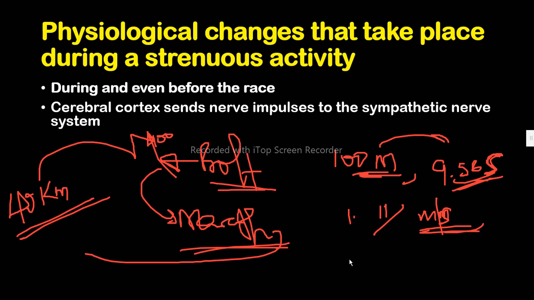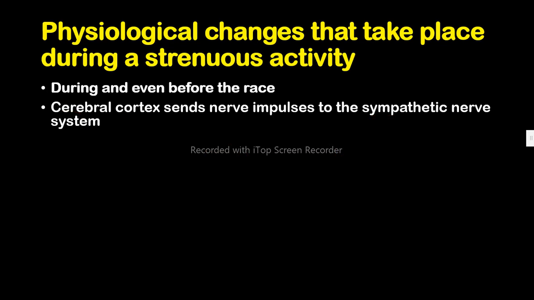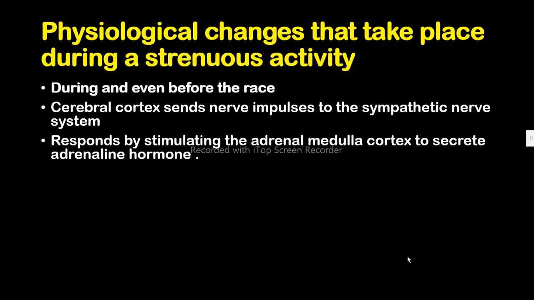So before the race, the cerebral cortex sends a nerve impulse to the sympathetic nervous system, so that you prepare. And the sympathetic nervous system responds by stimulating the adrenal medulla, not the cortex, it is the adrenal medulla. If you remember, in coordination, this was just a mistake.